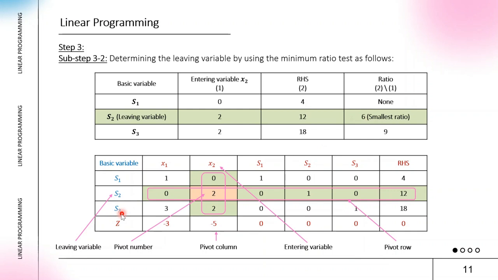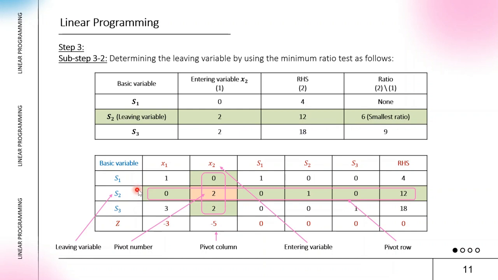For the third row, row S3, the coefficient of this row in the pivot column is 2, and the right-hand side is 18. Therefore, the ratio is 9. The smallest ratio is 6, as we can see from here. So S2 is the leaving variable.